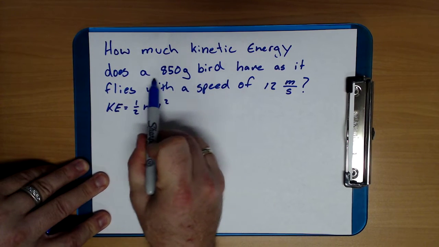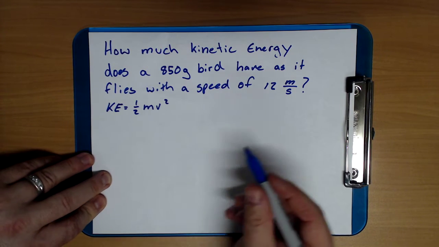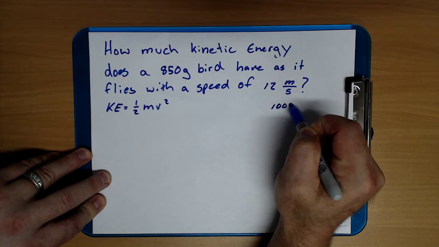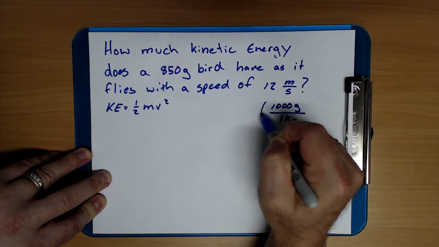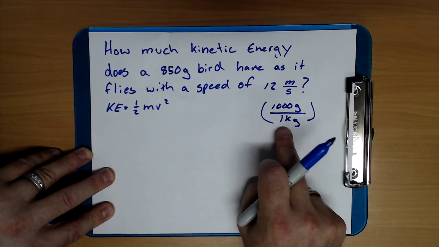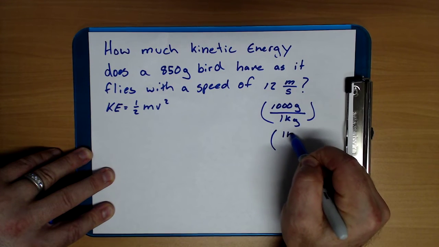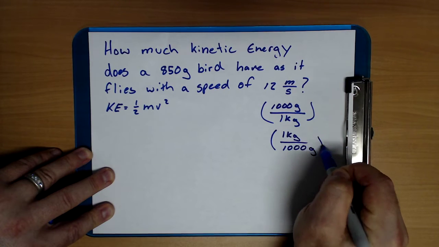I gave this number to us in grams, so we're going to have to do a little work to convert that. I know that we talked about how there are 1,000 grams in 1 kilogram, so I could write a conversion factor like this. Turns out that's not going to be a useful ratio for me. I need to use the flip side. So I'm going to flip it upside down and do 1,000 grams on the bottom.